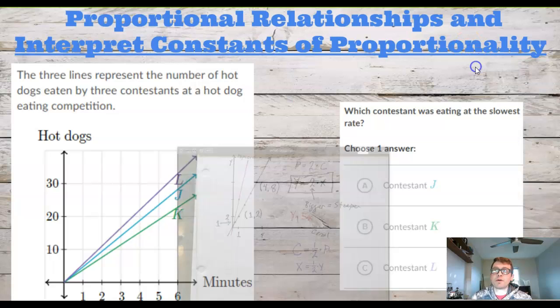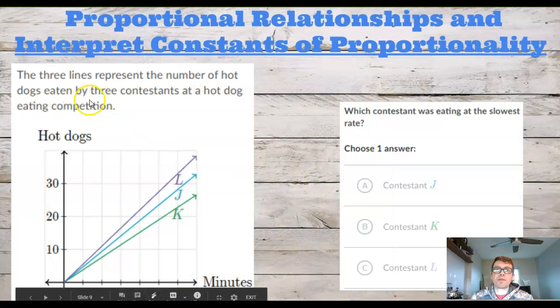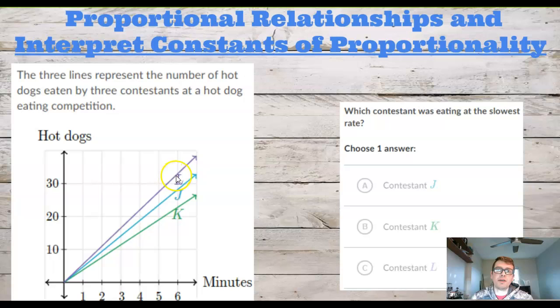But if we do one more problem to wrap us up, and we look at who eats the most hot dogs in the same amount of time, or who eats the slowest, we can compare their slopes, right? So this asks who eats the slowest.